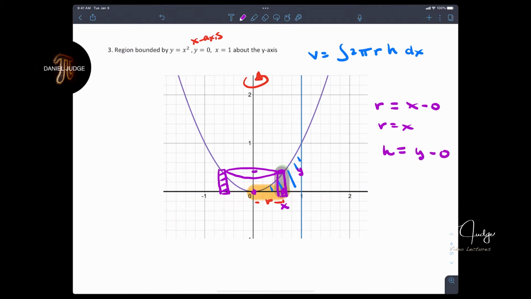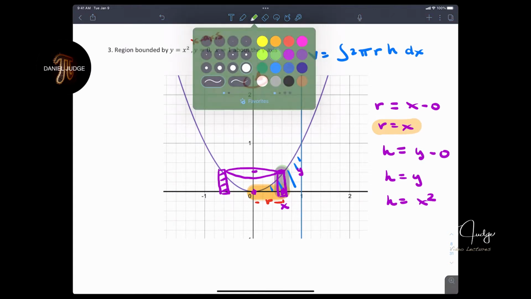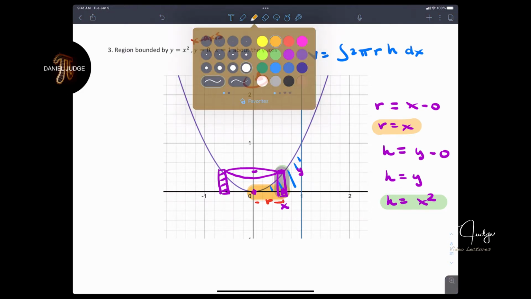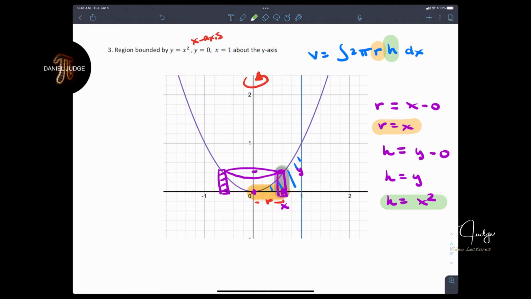So this point minus this point, which will simply be y. And y is going to be x squared. So you get the radius, which is x. You get your height, which is x squared. And then that goes into your integral here for the radius and the height. And notice that you're going to integrate from 0 to 1 here, because the value of x goes from 0 to 1.